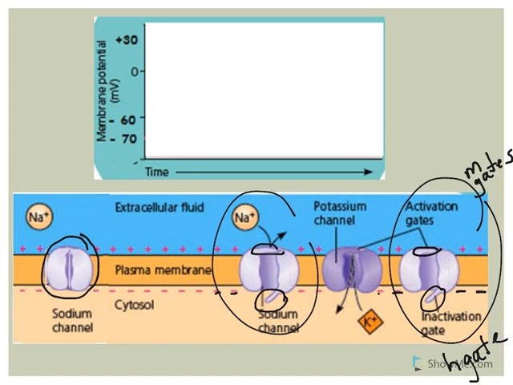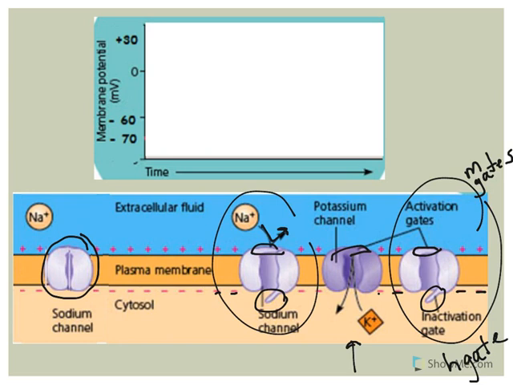That activation gate's closed, so sodium's not allowed to come in. You also see another player, a voltage-gated potassium channel. At rest, that activation gate is closed, so potassium is not moving through that particular channel under resting conditions.